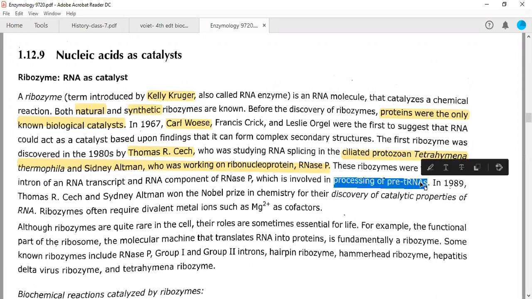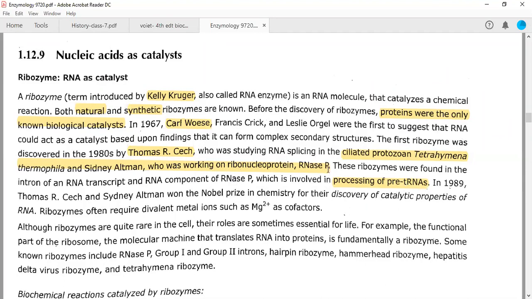So what is the function? RNase P is responsible for processing pre-tRNA, the transfer RNA. What is the function of tRNA? tRNA is responsible for transferring the amino acids when translation, or protein synthesis, is taking place in our cells. So first of all, you need to make the tRNA.